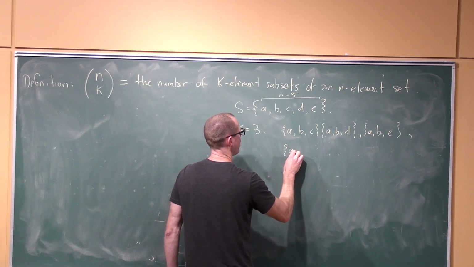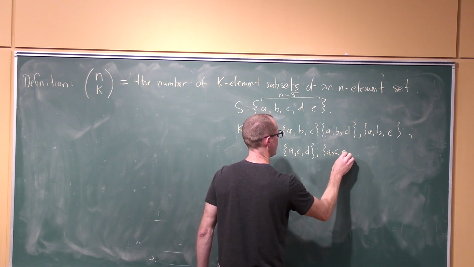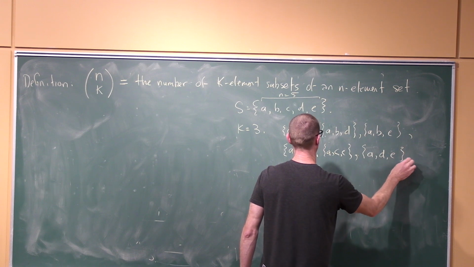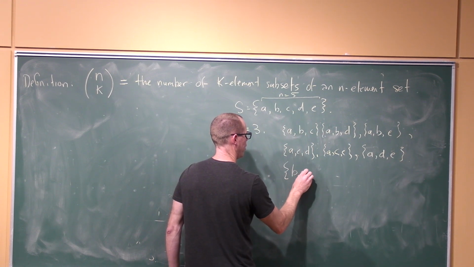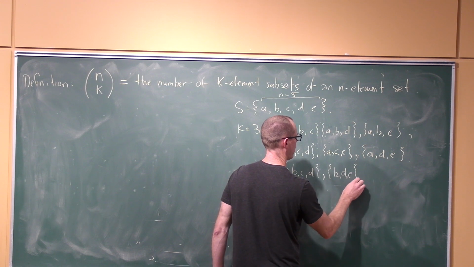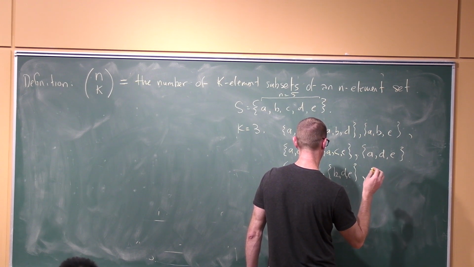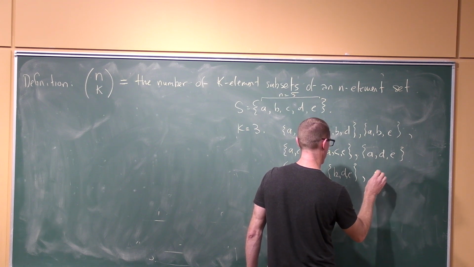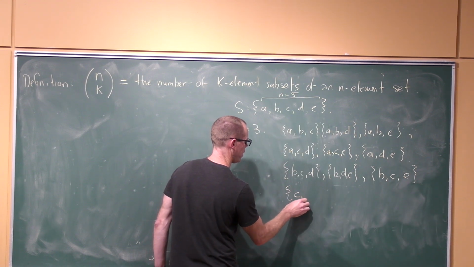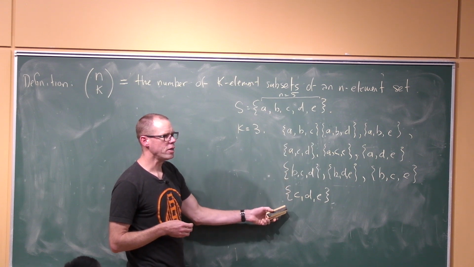A, B, D; A, B, E; A, C, D; A, C, E; and A, D, E; B, C, D; B, D, E; B, C, E; and finally C, D, E. Okay? So these are all the subsets of S of size 3.